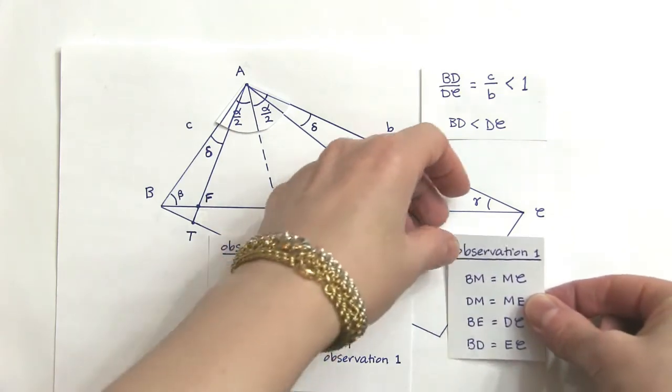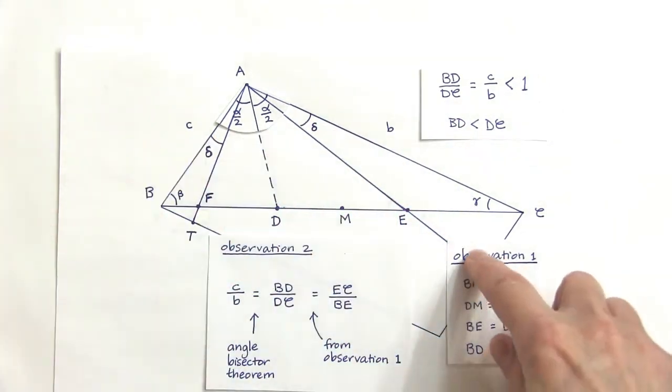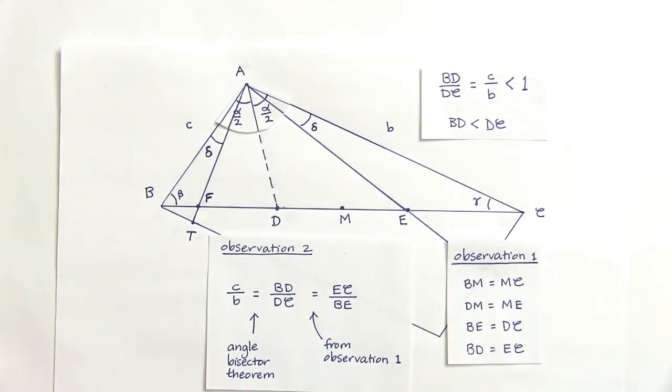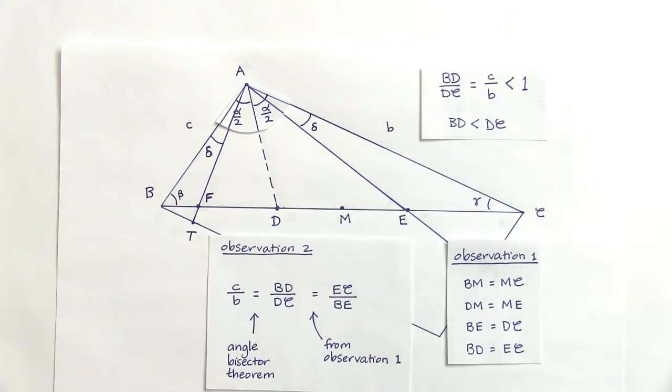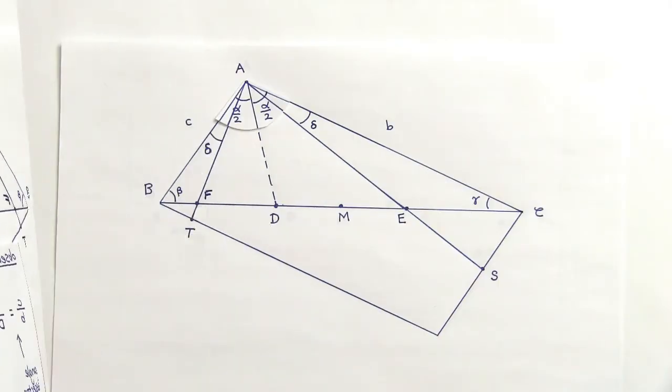And then from observation number 1, we're going to need this as well, because BD is the same as EC, and DC is the same as BE. Then C over B is not only equal to BD over DC, but it's also equal to EC over BE.